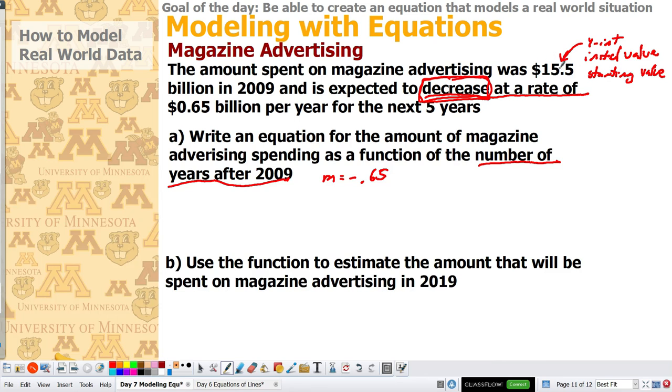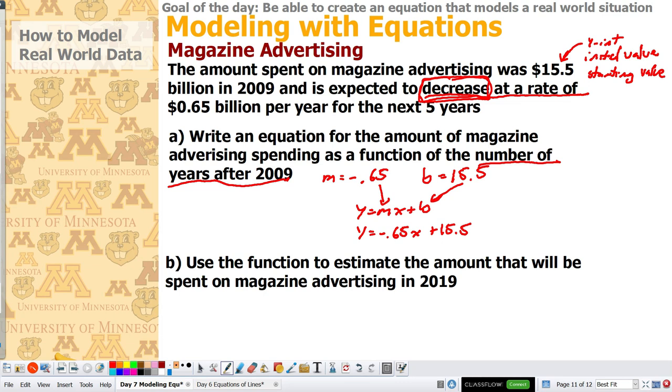That's our starting value. And so that's going to be our b. So here, instead of using point-slope, I can use the slope-intercept form, y equals mx plus b, because I have my slope, I have my y-intercept. So y equals negative 0.65x plus 15.5. There's our equation.